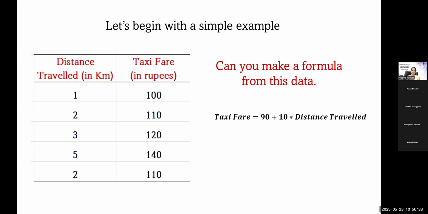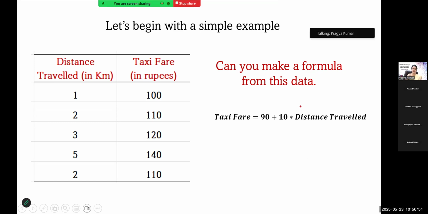Basically, like the others have also written, 10 rupees. So if I make an equation, you rightly said, 10 multiplied by distance traveled, 10 rupees for each kilometer. If I have to write it as an equation, I'll write 90 plus 10 into distance traveled.